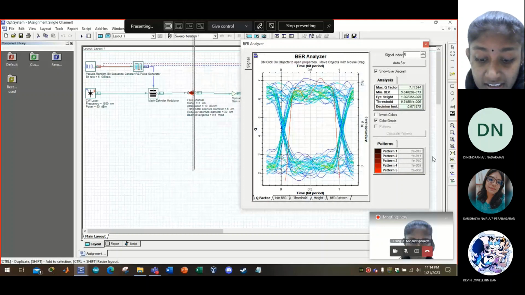This weakens the system since the Q factor falls and the BER rises compared to the 0.5 beam divergence. Now we will see the 0.7 millirad.